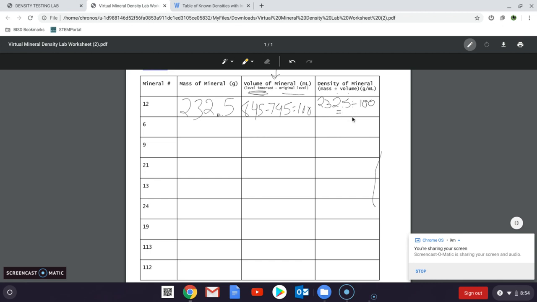Now this one's pretty easy. You could probably do it in your head, but you have the calculators out, so that's not a problem. Once you have this done, then you can figure out the density.